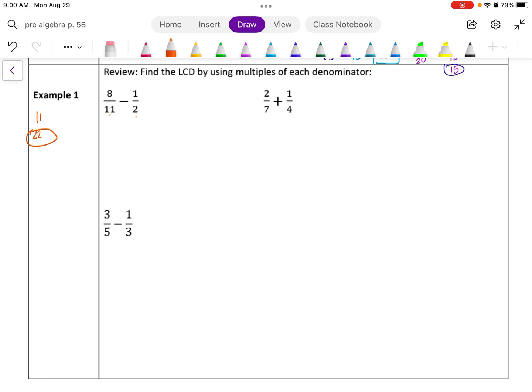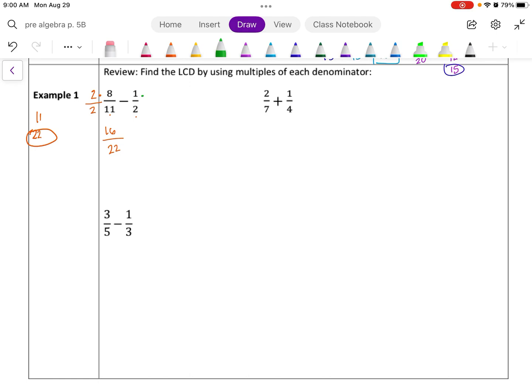Our lowest common denominator actually comes from multiplying 11 and 2 together because they don't have any other factors in common. So we're going to take 8/11 and multiply it by 2/2. So 2 times 8 is 16. 2 times 11 is 22.